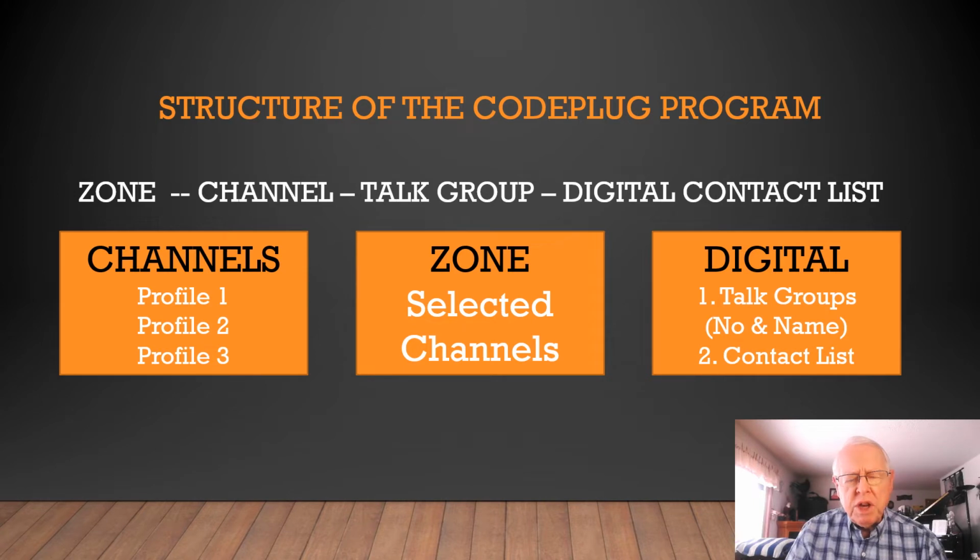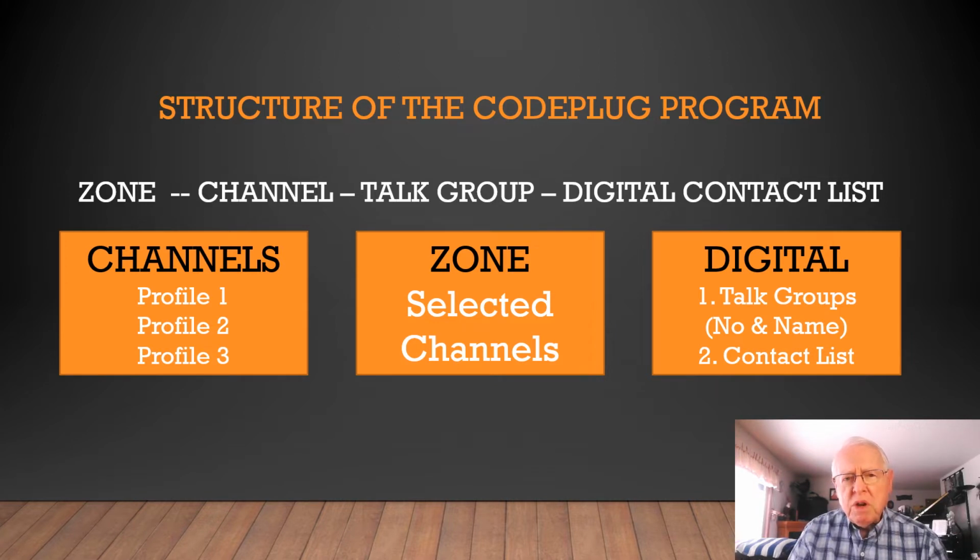So under channels, when we take a look at the program, we'll be looking at creating a channel for profile 1, a channel for profile 2, and profile 3. These profiles were associated back with the DMR, D-Star, and the C4FM.